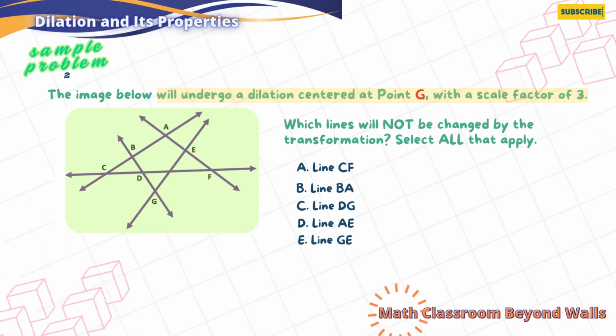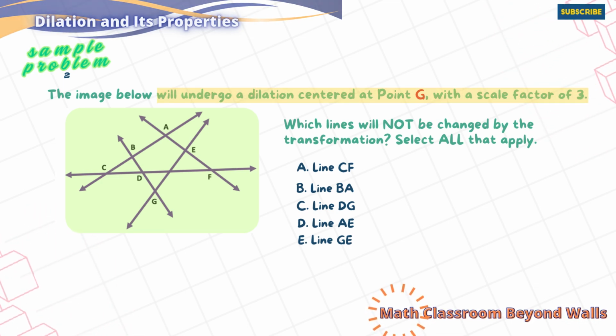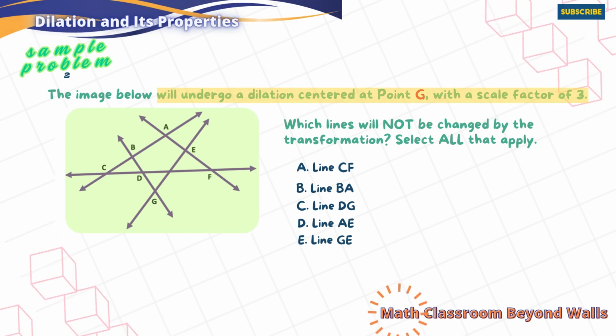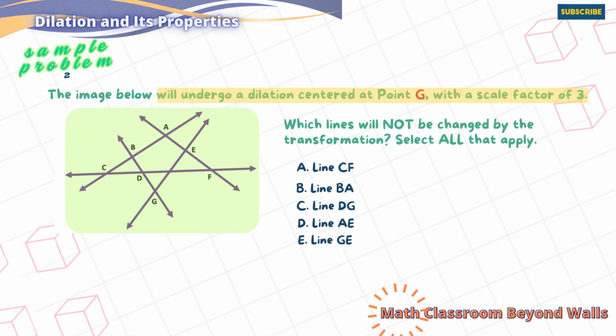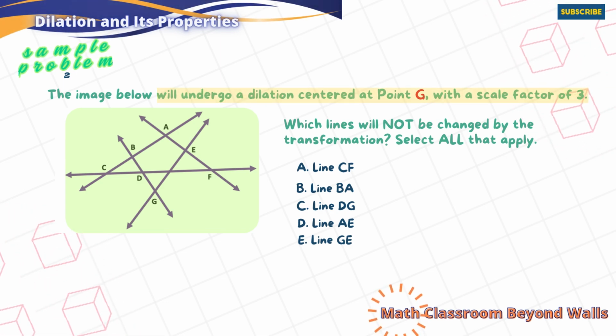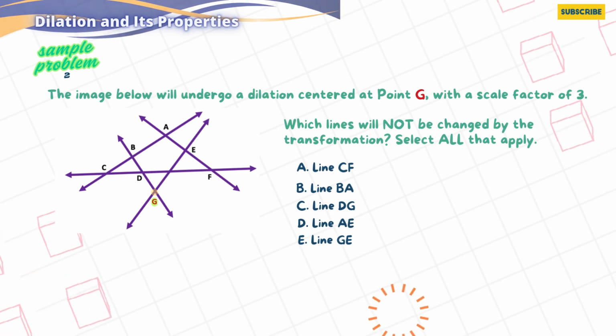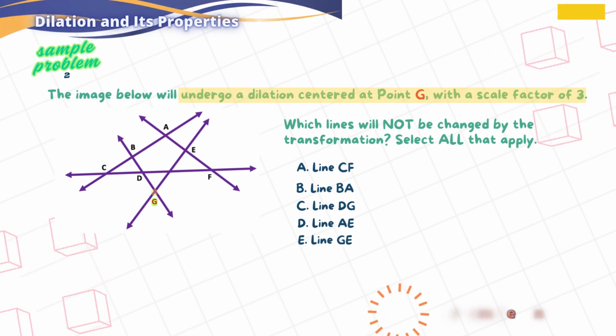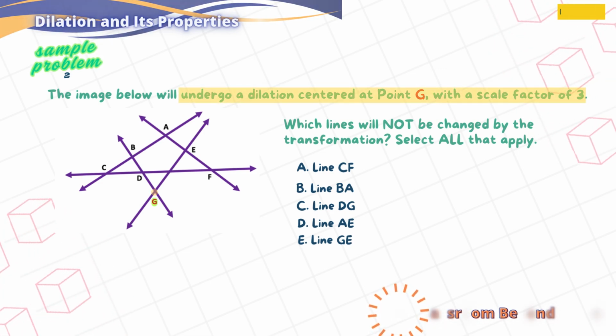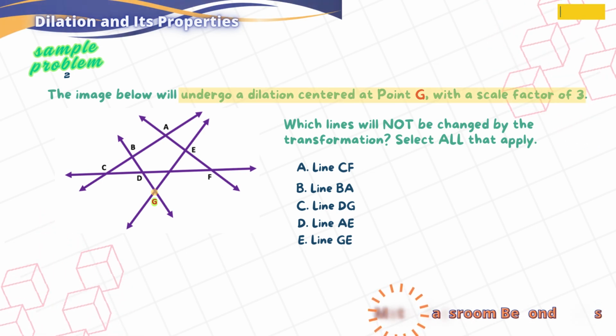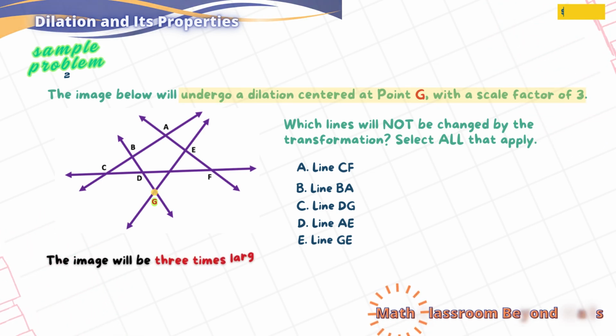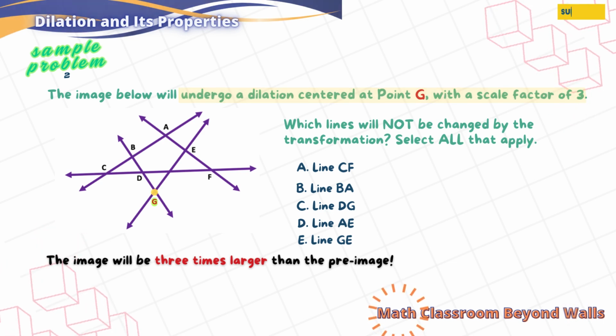Okay, so the figure will undergo a dilation centered at point G. Where is this, learners? Okay, so it is here. It says that it will undergo a dilation with a scale factor of 3. What does it imply? You are right. The image will be 3 times larger than the pre-image.